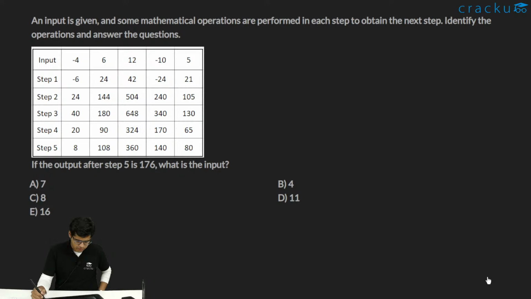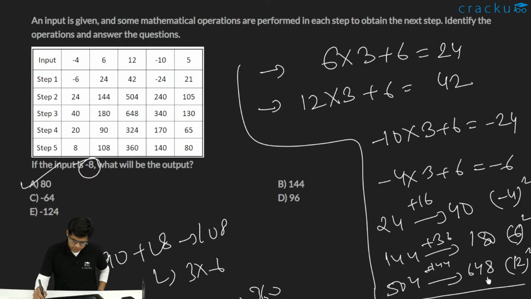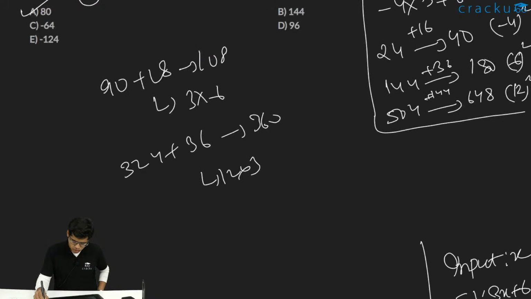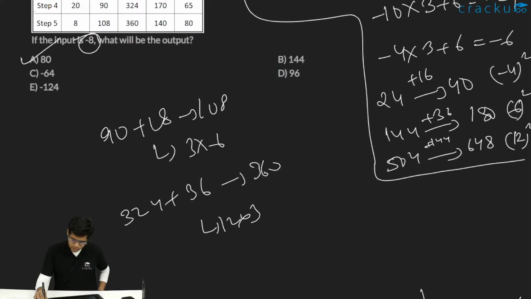And lastly, we have output after step 5 is 176. What is the input? After step 5, the output is 2x square plus 6x.